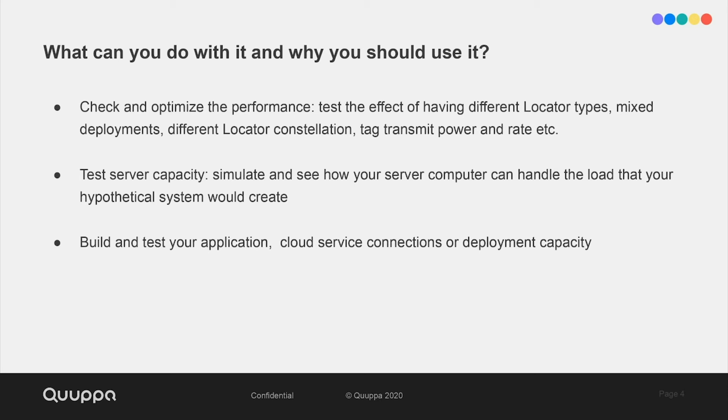And next, I will actually show you how it works in real life. Really trying to keep it simple and quick, just to give you an overview how easy it actually is to use the simulator to start simulating and seeing the effects. What I've already done here is that I have a project plan for the Quuppa office.